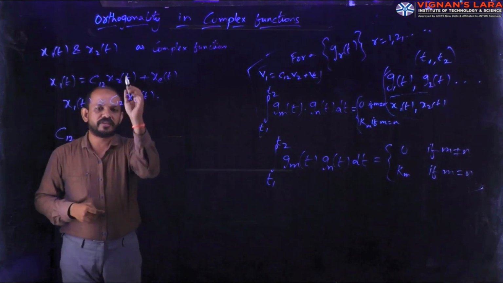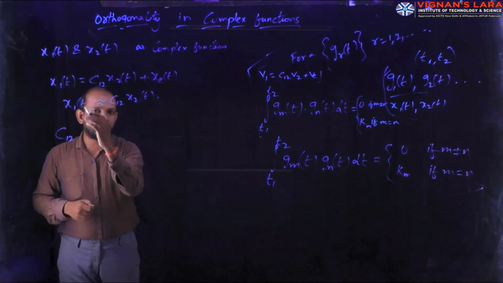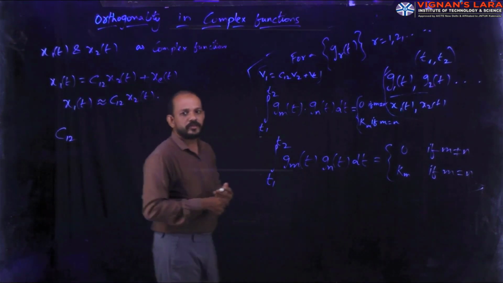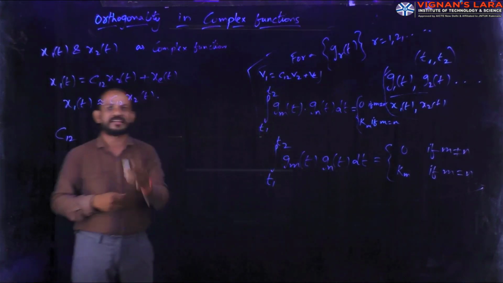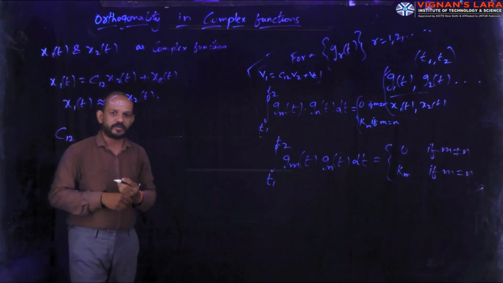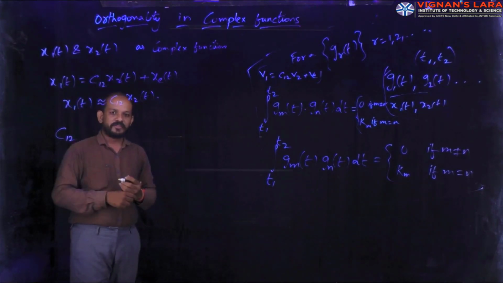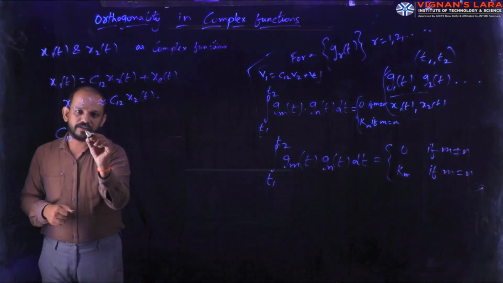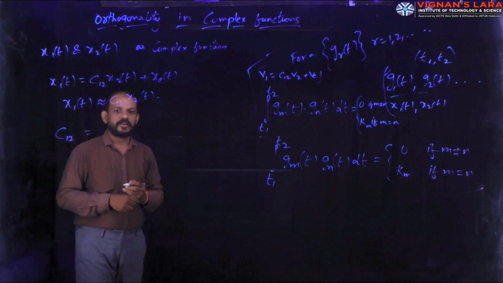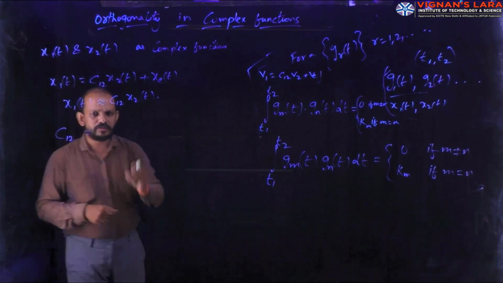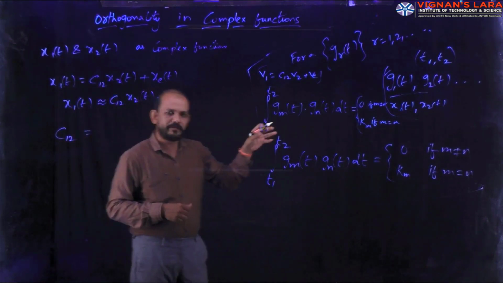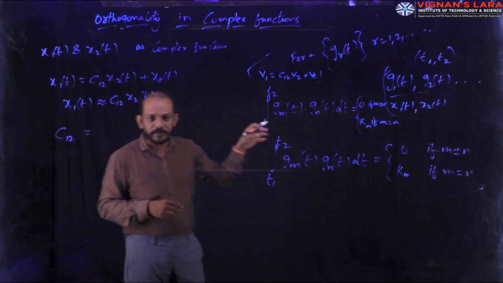Based on the value of c12, the similarity of the two signals or the two functions will be explained. So we have to choose the value of c12 such that the error is very minimum.